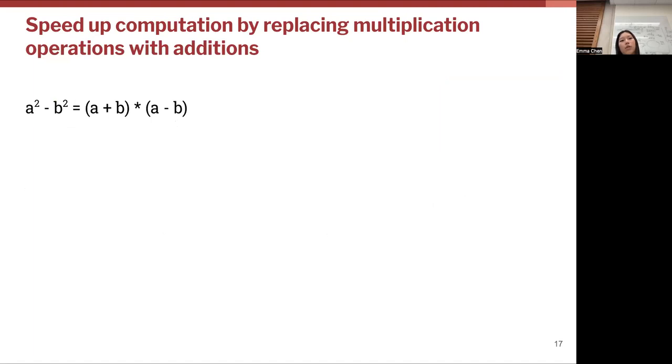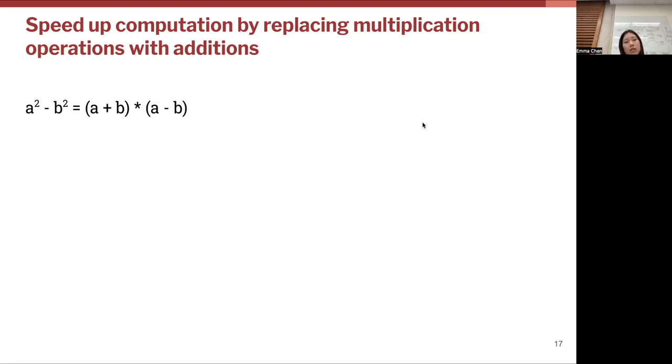This is why we want to speed up computation by reducing the amount of multiplication we need to do and replace it with additions. Looking at this example, a squared minus b squared can be translated into a plus b times a minus b. So this is a formula we're all very familiar with.